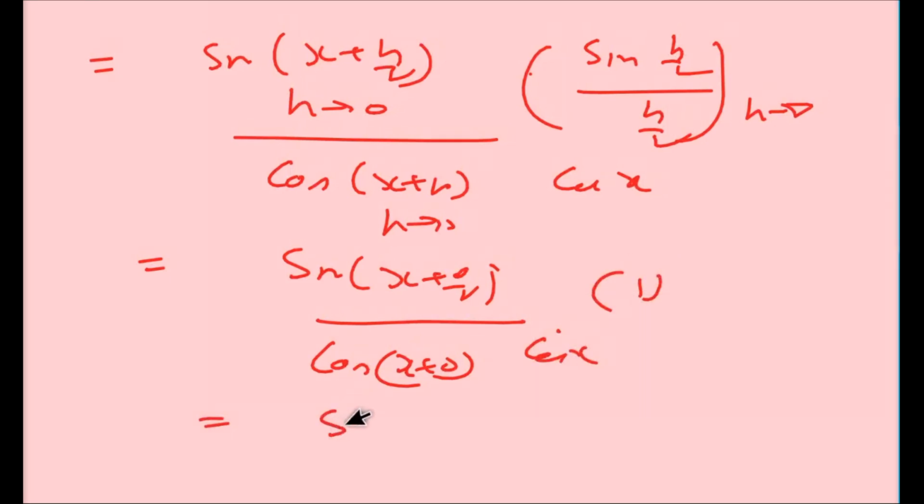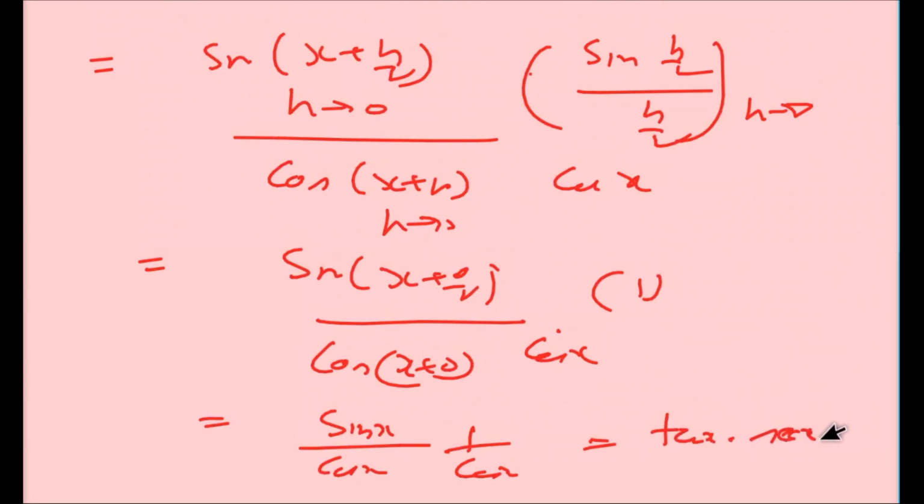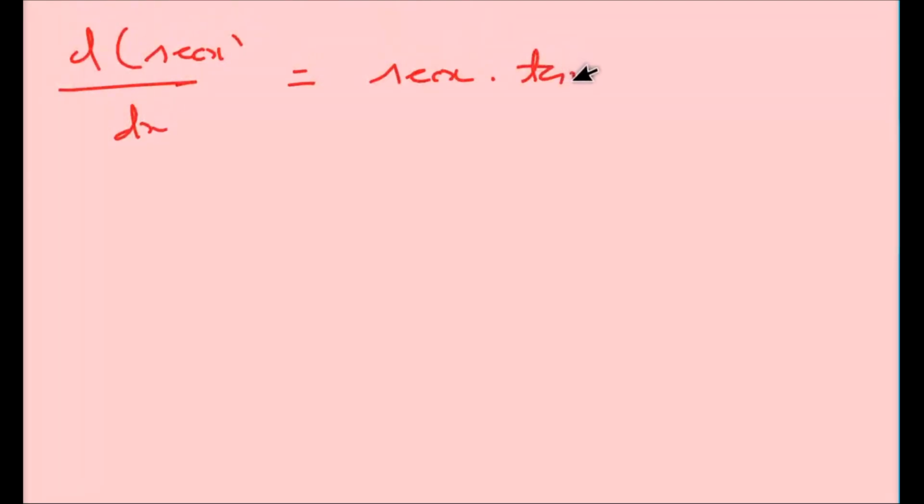So we are getting sin x upon cos x, 1 upon cos x, which means tan x into sec x. So the differential of sec x we can write as sec x into tan x.